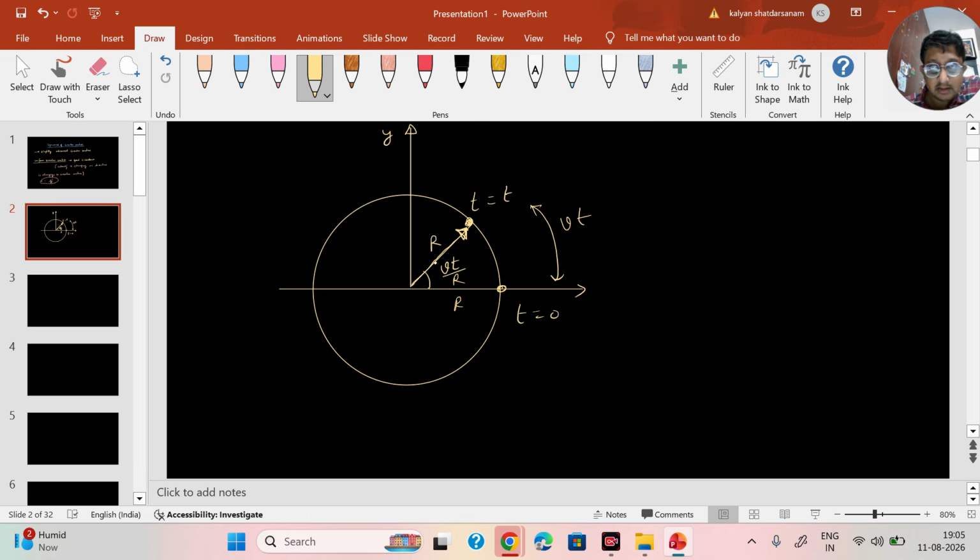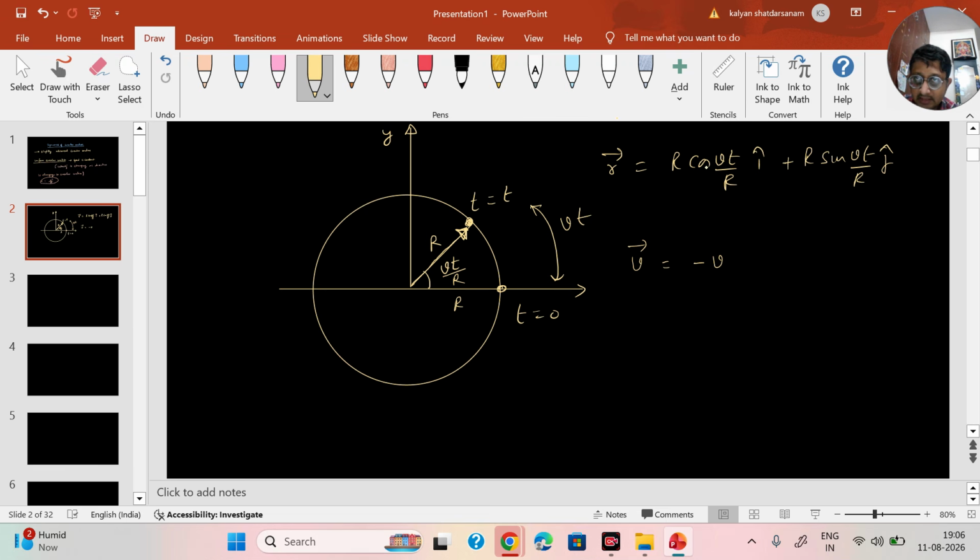I can split it into two parts. So I can write the position vector as r cos(vt/r) i plus r sin(vt/r) j. If you differentiate this, you get velocity. r is a constant.